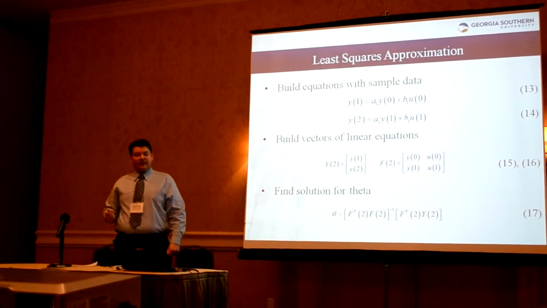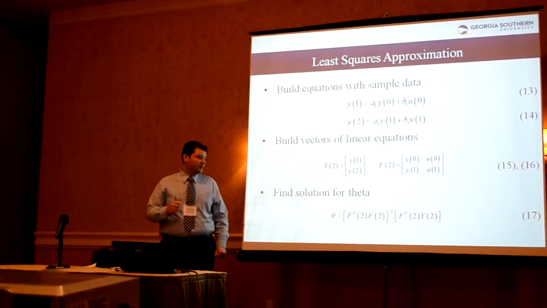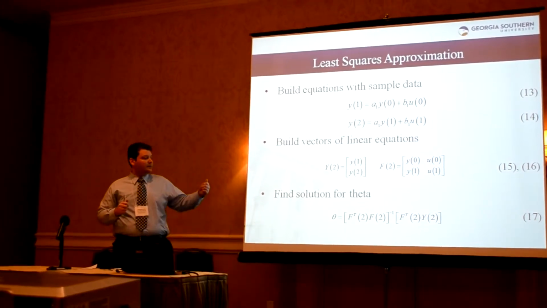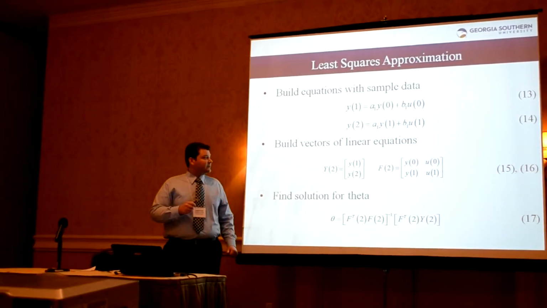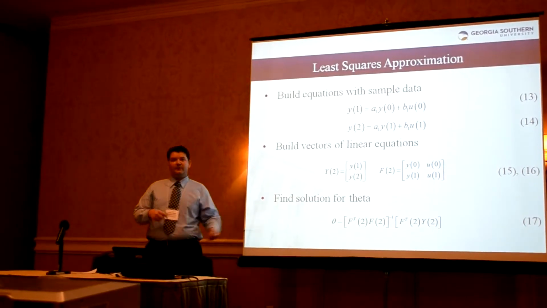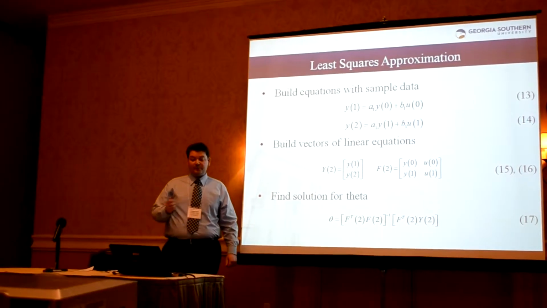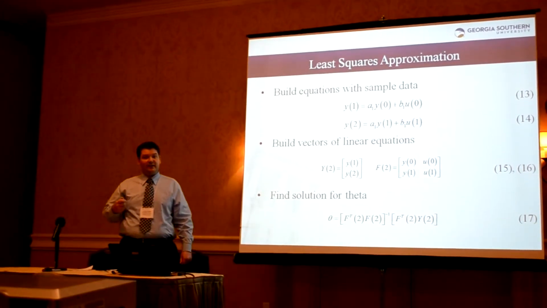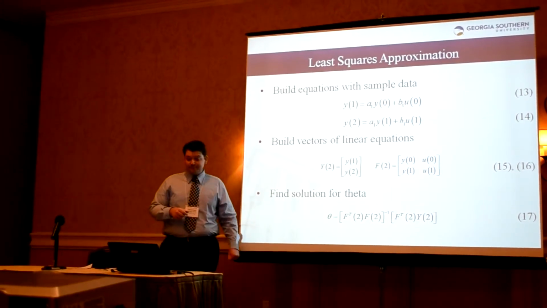The equations on this slide show a particular iteration of the least squares algorithm for determination of theta, parameters A1 and B1. You can see from the equations that for sample n equals 2, or the third sample gathered, you also need stimulus and response data from the second sample and the first sample to calculate parameters A1 and B1.